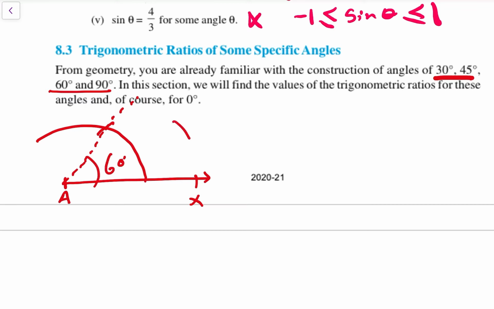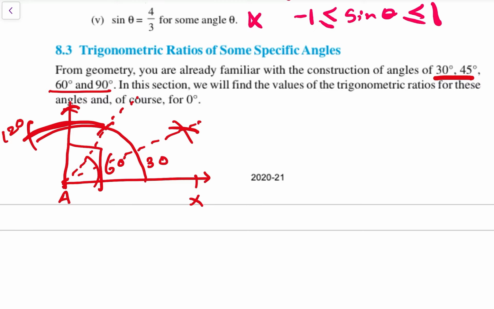If we draw an angle bisector of this 60, we get 30 degrees. If we continue further with the same radius as 60, we get 120 degrees, and half of this 120 is measured to be 90 degrees.